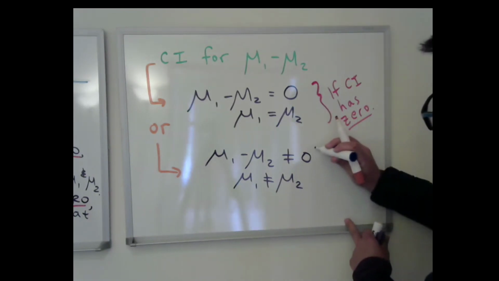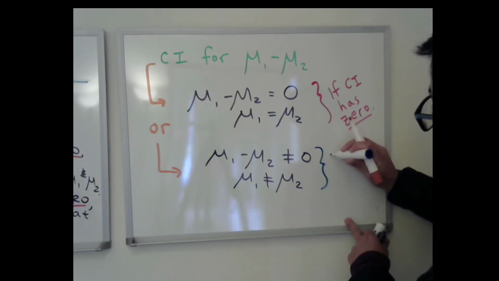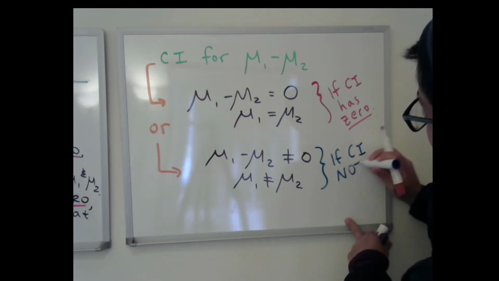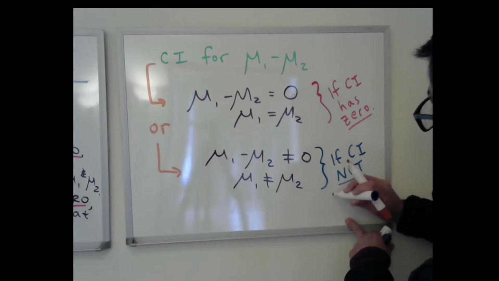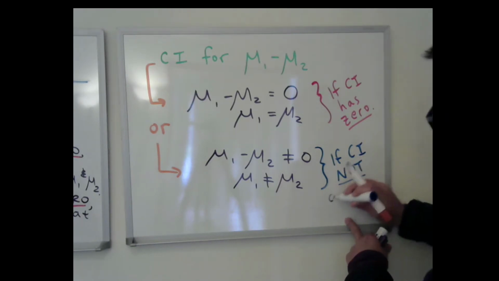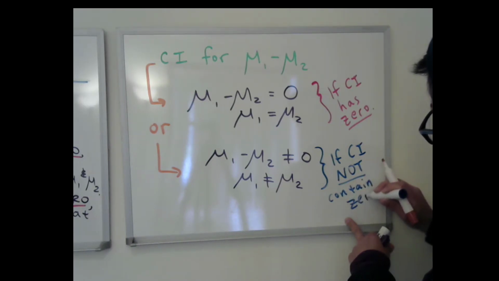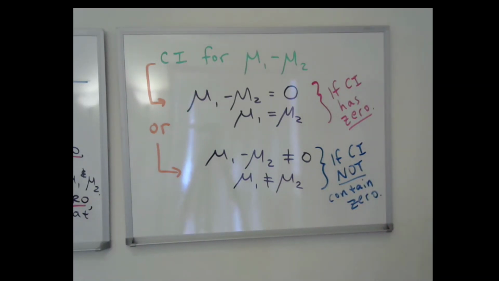And this is when the confidence interval does not contain 0. So we already have a tool that allows us to compare population means, and that is by looking at the confidence interval for the difference in those means.